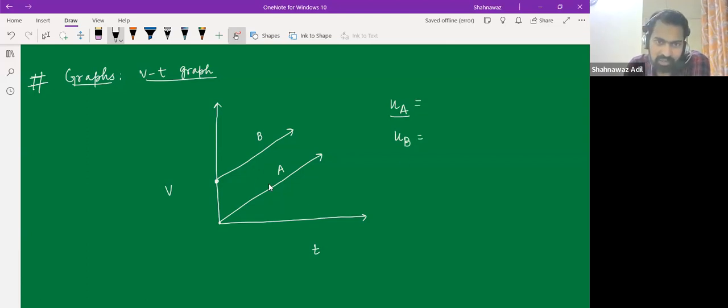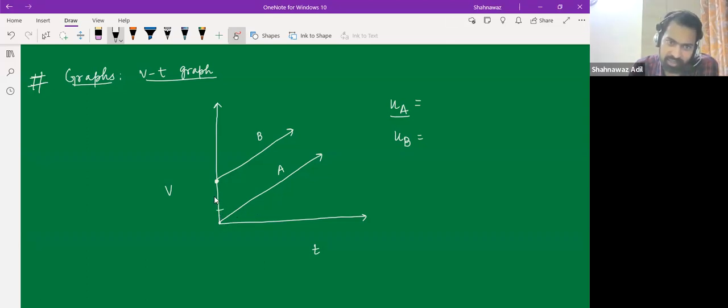Any idea, guys? Whose initial velocity is minimum, A or B? A, right? It is starting from 0.